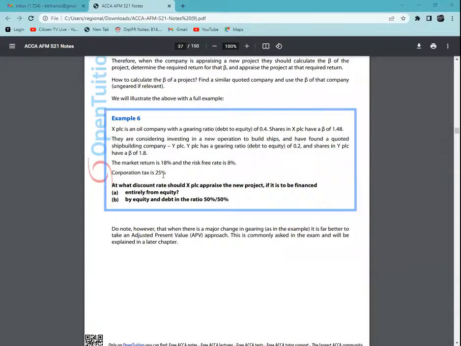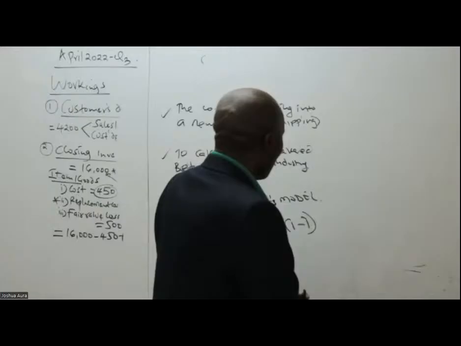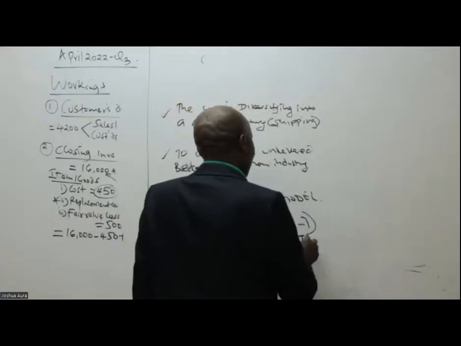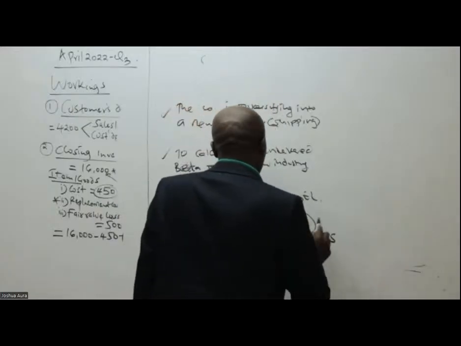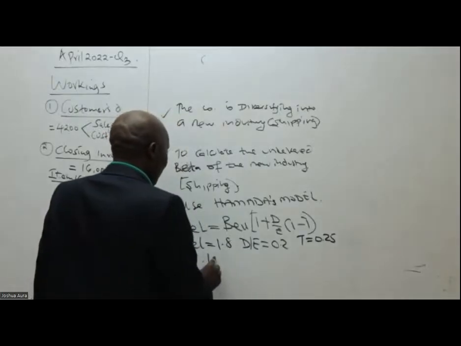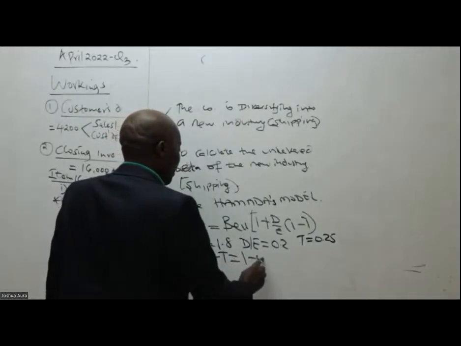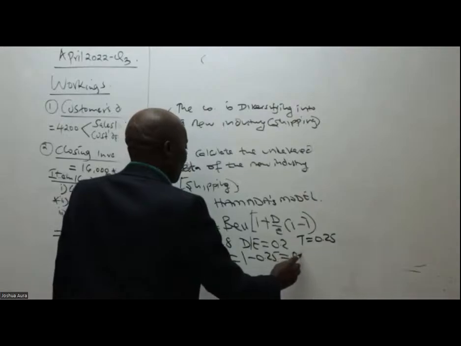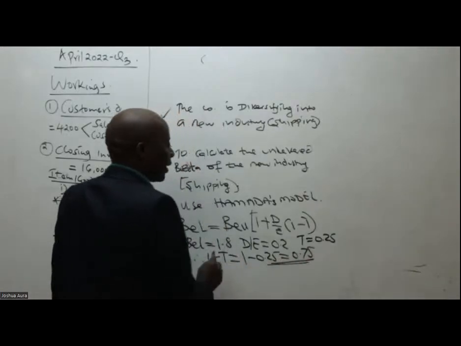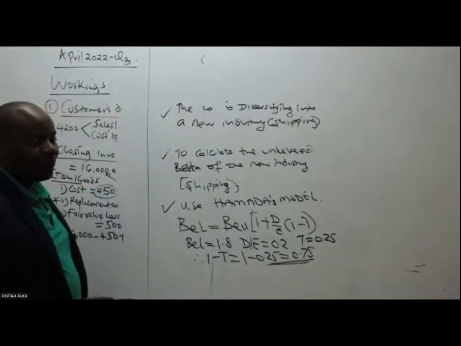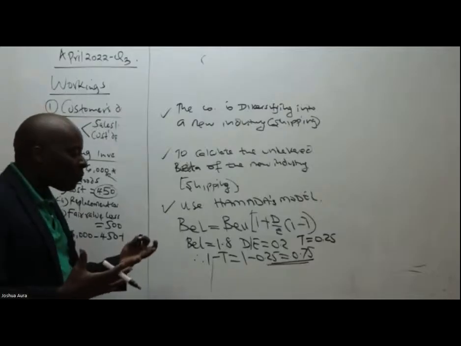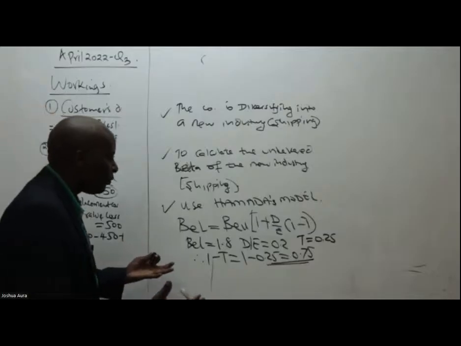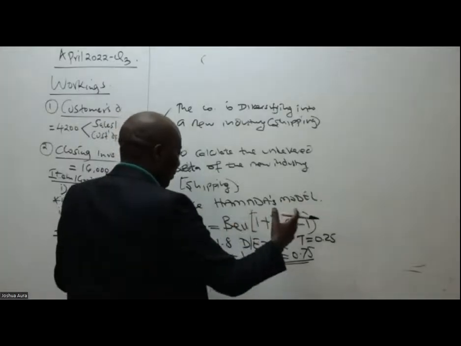The other thing they have done so nicely is give us the risk-free rate. And the tax is 0.25. Therefore, 1 minus tax will be 1 minus 0.25, which is 0.75. Now, could you kindly plug in the figures in this Hamada's model.